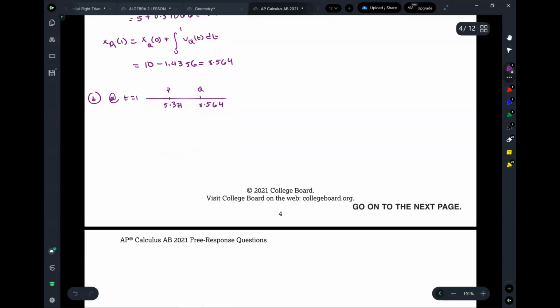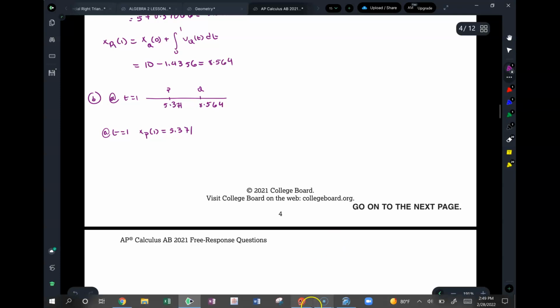say, okay, so at t equals 1, the position is 5.371. You also have to show that it's going to continue moving to the right.